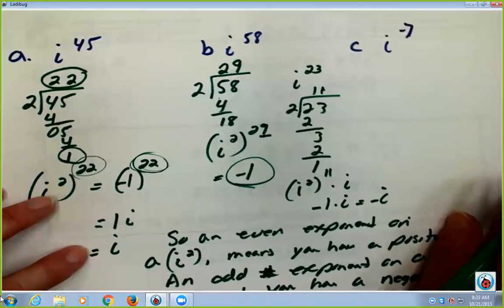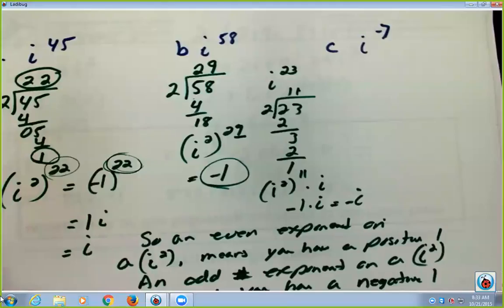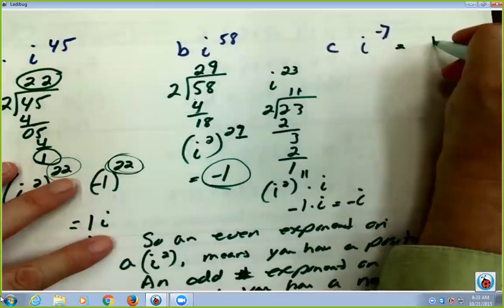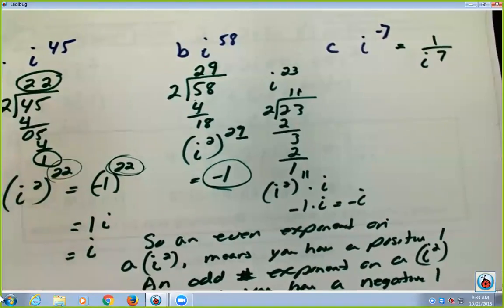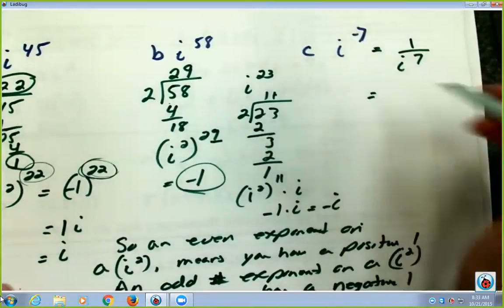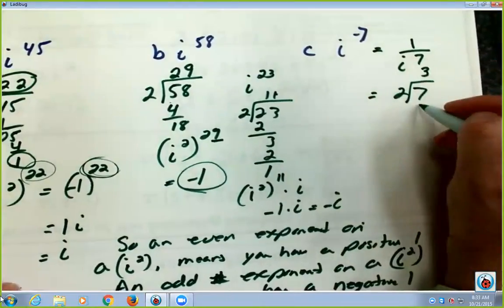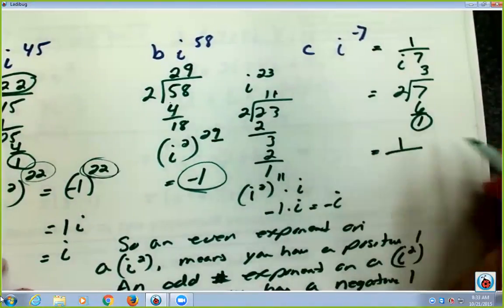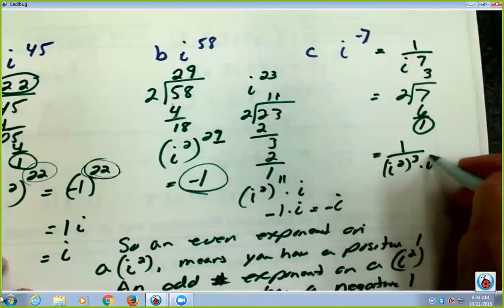Letter C has i to the negative 7th. What in the world does that mean? That's going to mean that I have 1 over i to the 7th. And so if I break this thing apart, what would I end up having? Well, 7 divided by 2 goes in there 3 with a remainder. So really I have 1 over i squared to the 3rd power times an i.